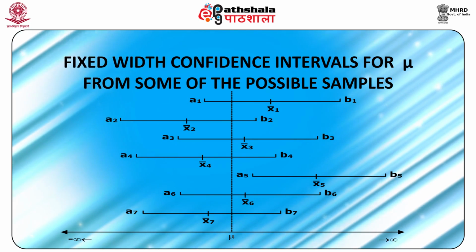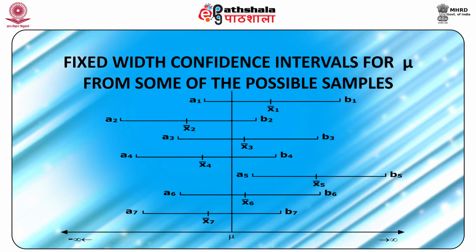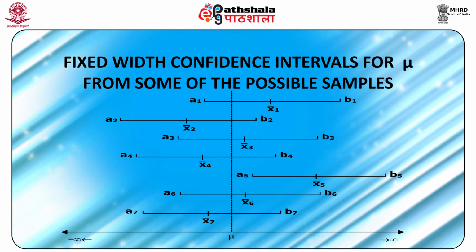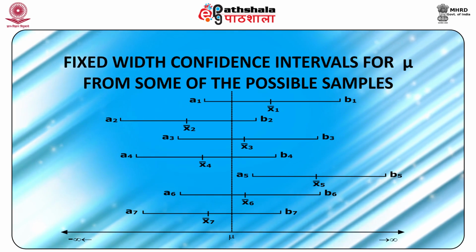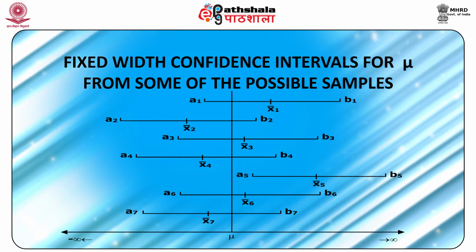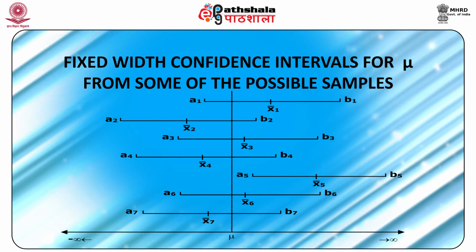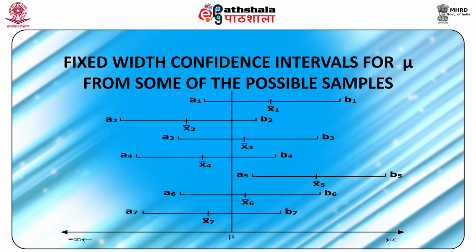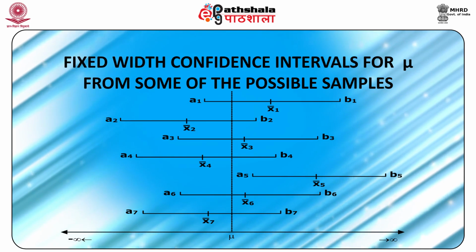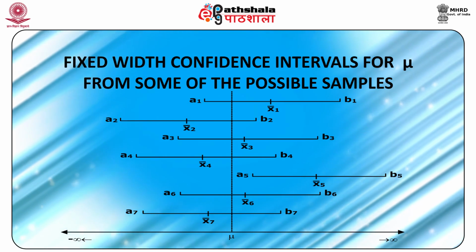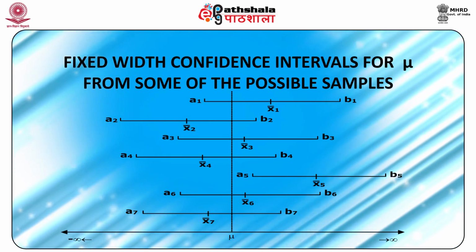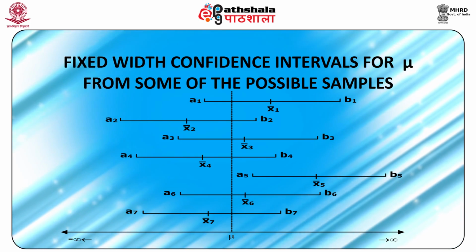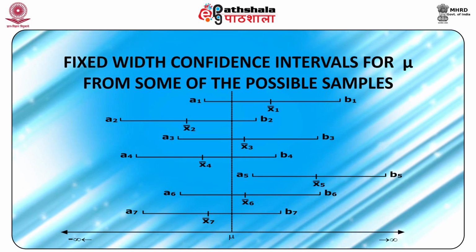So what we are showing is that if you change the sample, your xi bar will change and therefore your intervals will change, and the centered value, which is the mu value, is the same in all these situations. We have different samples giving different intervals with the same width, but these intervals are different depending upon the value of xi bar.